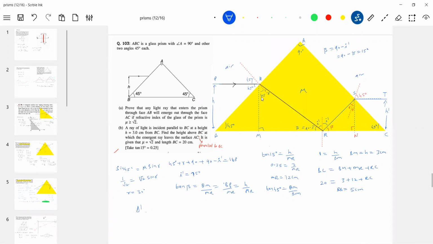Triangle BQR and CSR. Okay, there BQ by BR should be equal to CS by what we wrote, RC. BQ we know, BQ by BR.